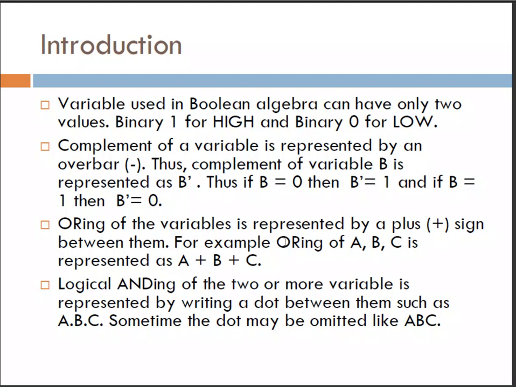For example, ORing of A, B, C is represented as A plus B plus C. Logic ANDing of two or more variables is represented by writing a dot or multiplication between them, such as A dot B dot C. Sometimes the dot may be omitted, where you can write ABC without putting the dots. In your mind, you will know that it is the ANDing of three variables.